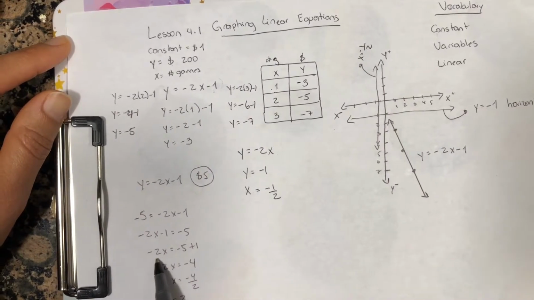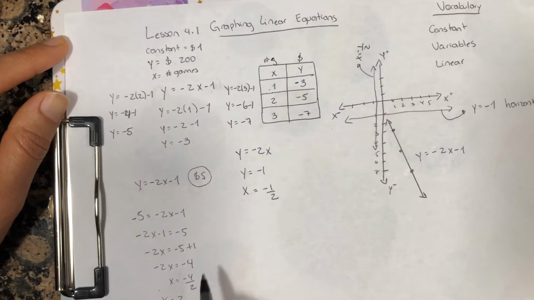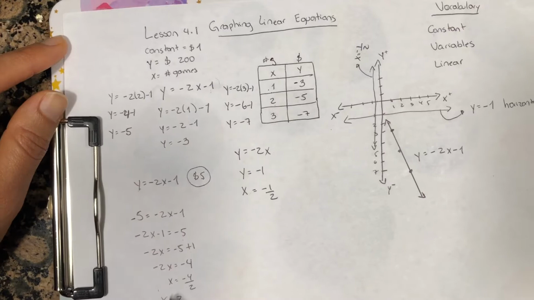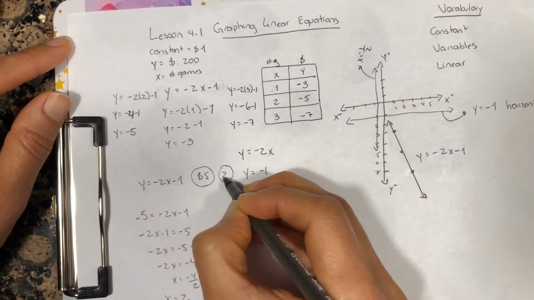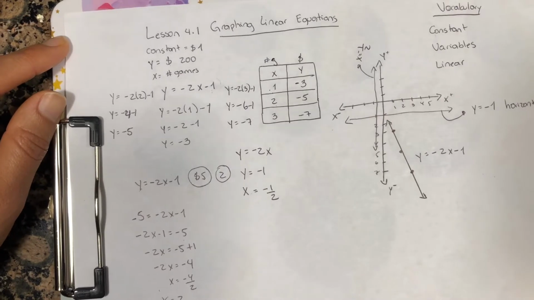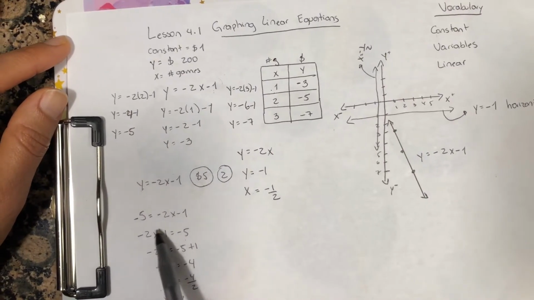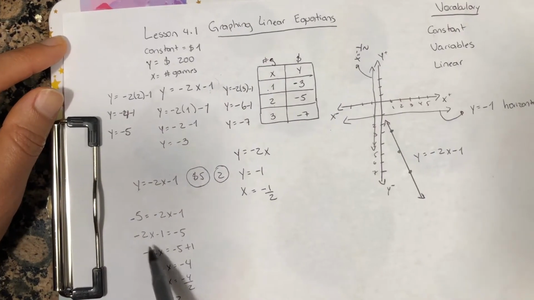Minus 5, let me double check, yeah, plus 1. Yeah, x is the number of games. So with $5, I can only play 2 games. See? So depending on the question, you need to solve for the unknown, which is the variable.